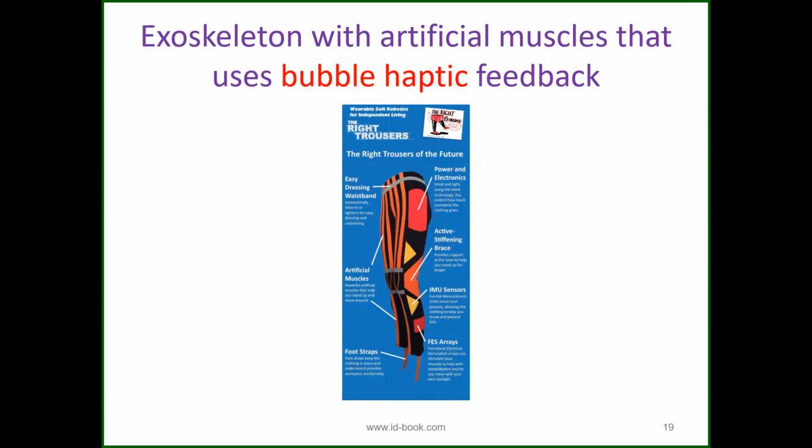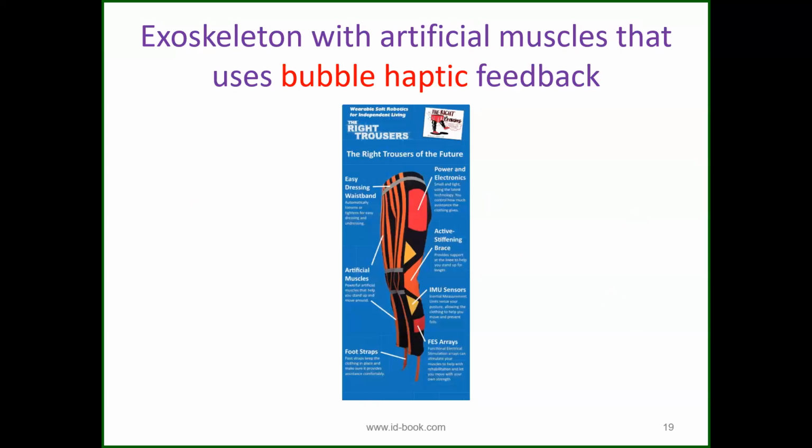The concept of the artificial muscle and bubble feedback is used in various applications, especially in the field of robotics, healthcare, and virtual reality. So, this is about the skeleton.